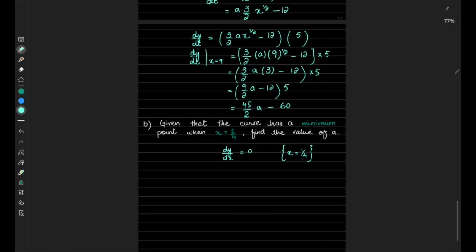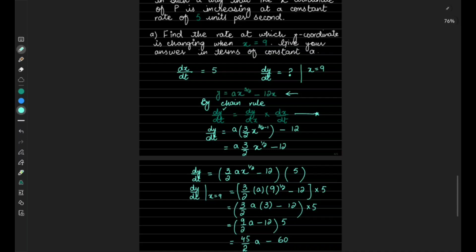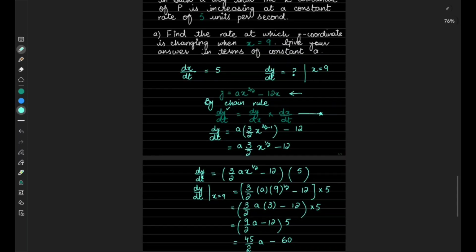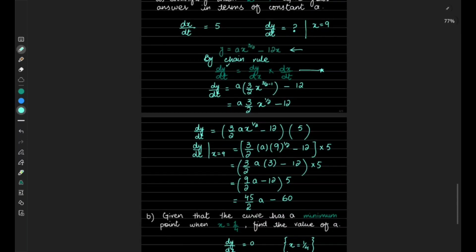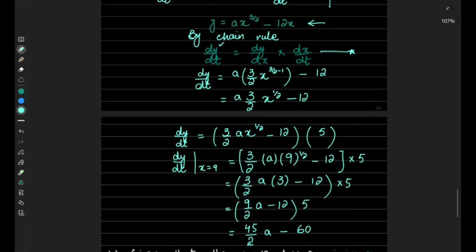So first get back and see what was the dy by dx. Where we have differentiated it, I think I have done dy by dx, but I wrote it here as dy by dt.